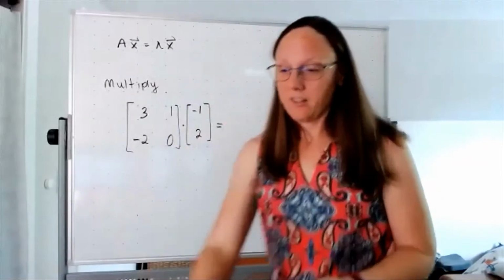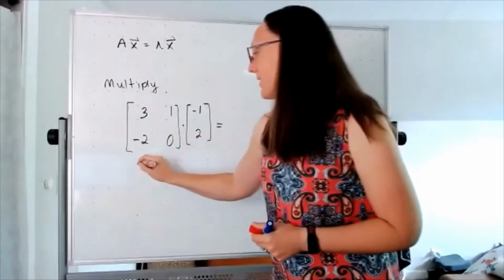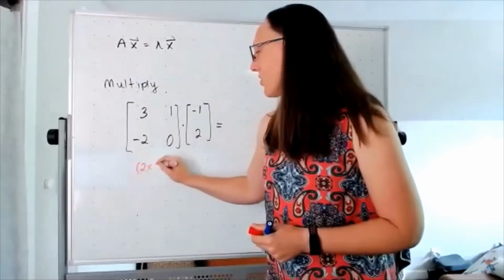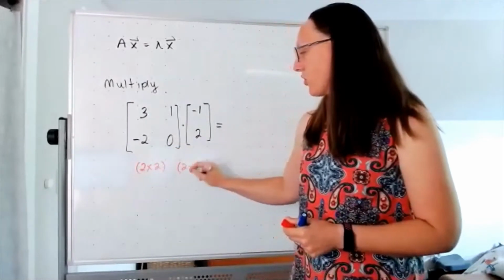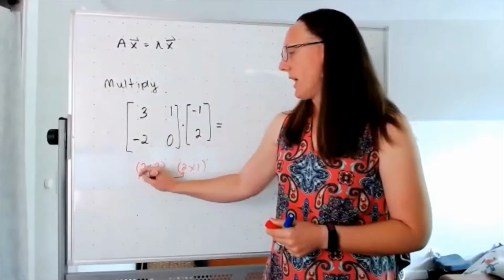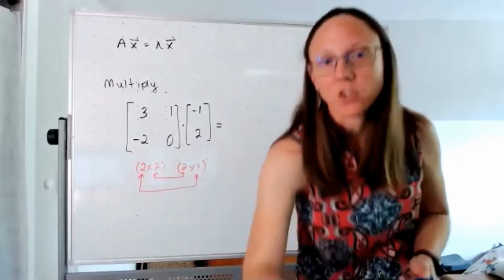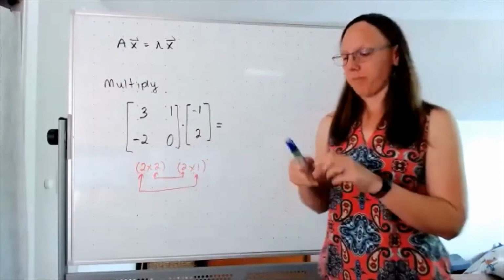Well, let's make sure that our multiplication is going to work here. So I'm looking at a 2 by 2 times a 2 by 1. My inner dimensions match, and the outside dimensions tell me that the size of my answer should be a 2 by 1 vector.